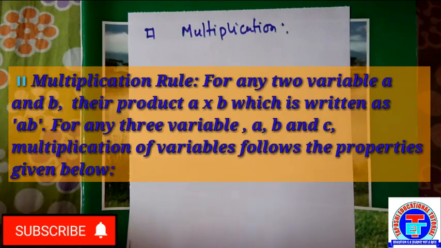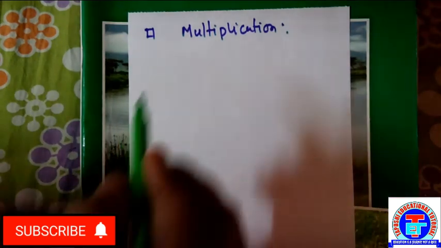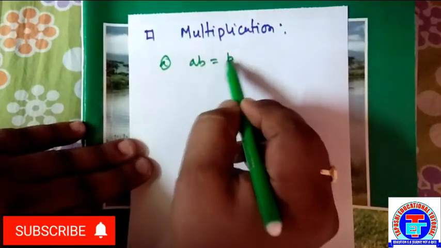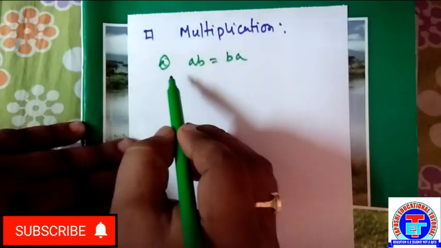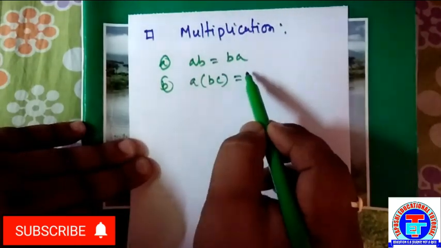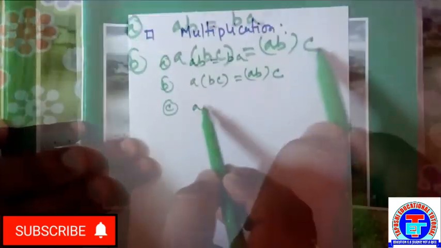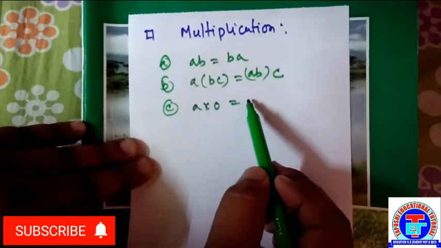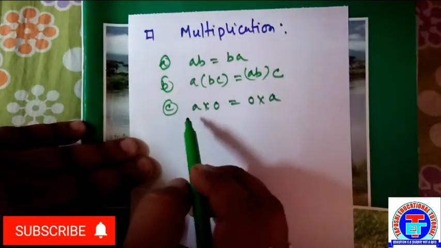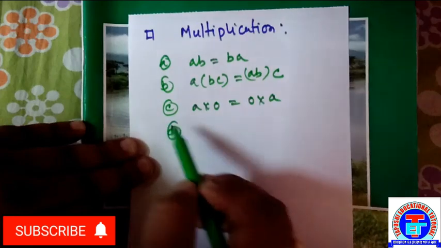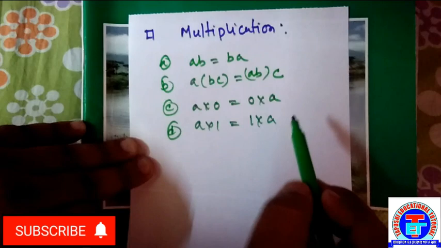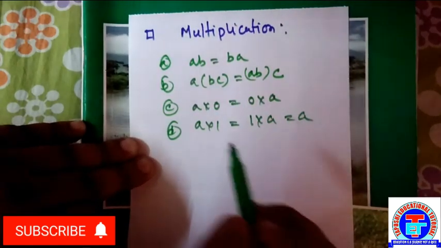ab is equal to ba, right? Or a into bc, we can write a into 0, that means 0 into a, right? Or we can write this one, d: a into 1, it will become 1 into a is equal to a.